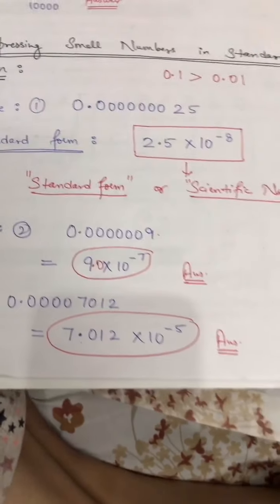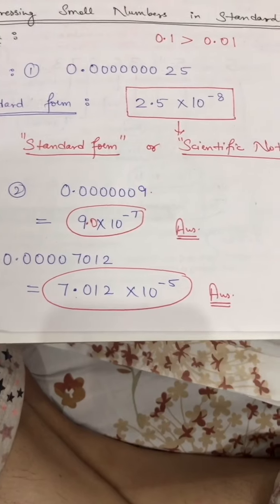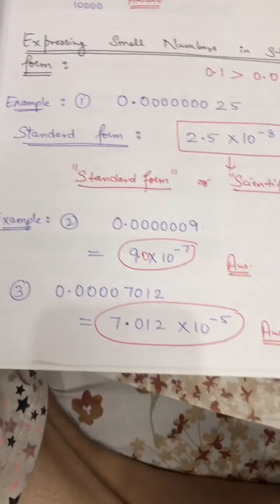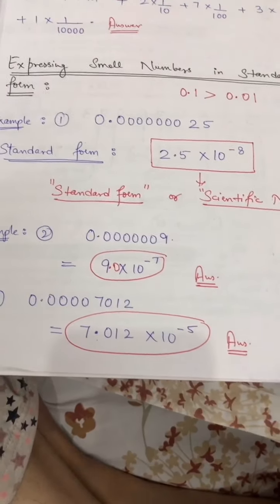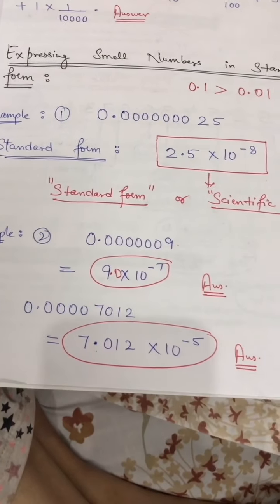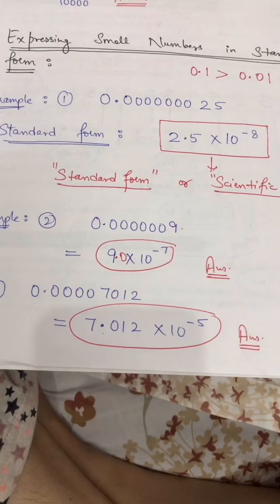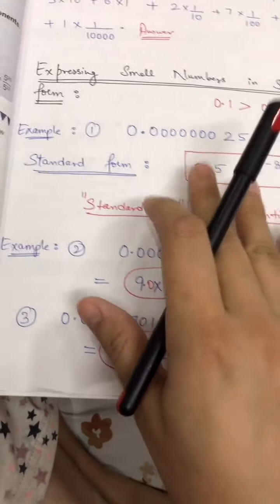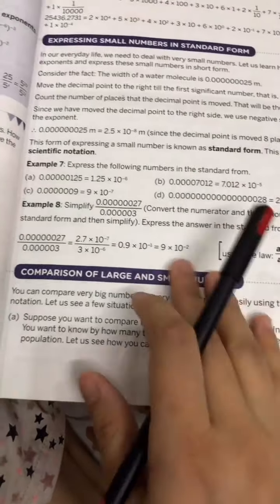You can do written practice of the examples, or write some values on your own and check how you can write the statement in standard form. In the next lecture we'll start the next exercise, 2.2.